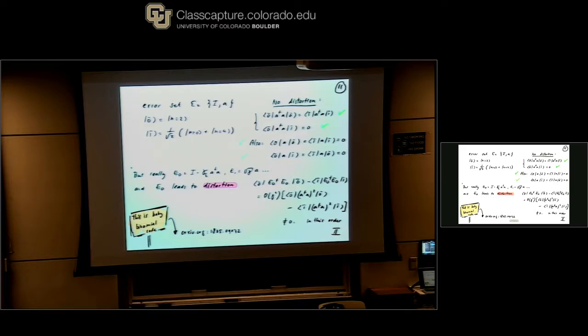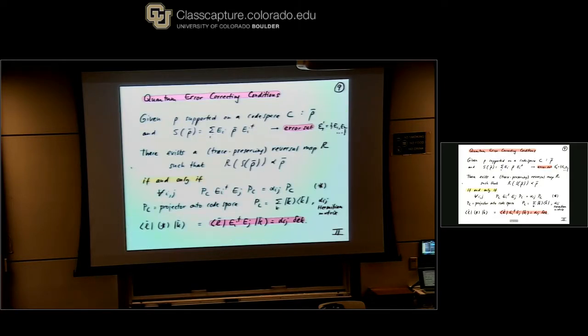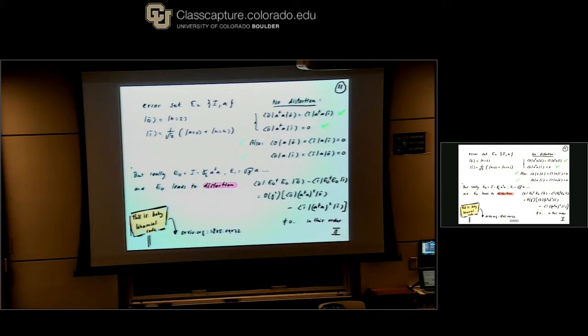The other condition, if the two states are different, so L is not equal to K, and I have i equal to j, the same error happens. They should be sent to orthogonal states. They remain orthogonal, right? I have 2 orthogonal states, an error happens, and they have to remain orthogonal. That's one of the conditions. And that's this thing.